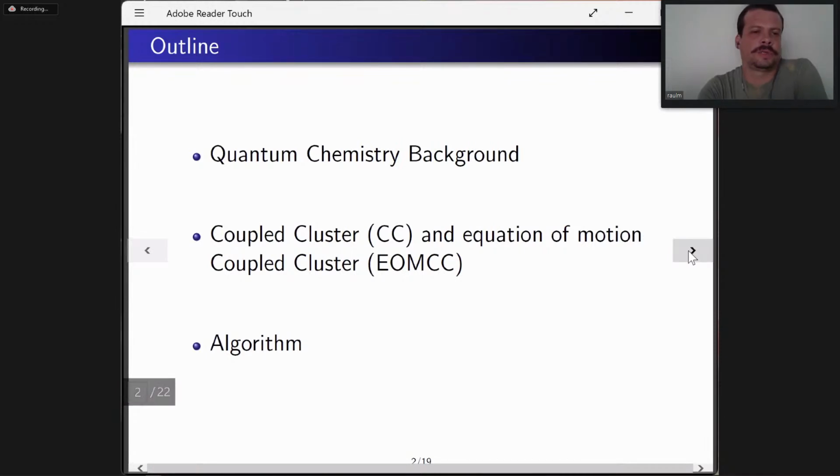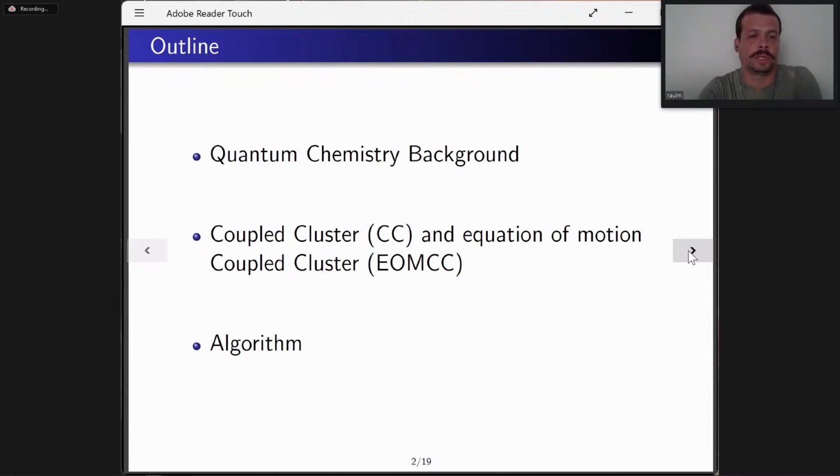So the outline of this presentation: first, I will start with quantum chemistry background. I will introduce some quantum mechanics concepts and also quantum chemistry concepts. Then with this background, we will discuss the main subject, that is the coupled cluster equation and equation of motion coupled cluster.